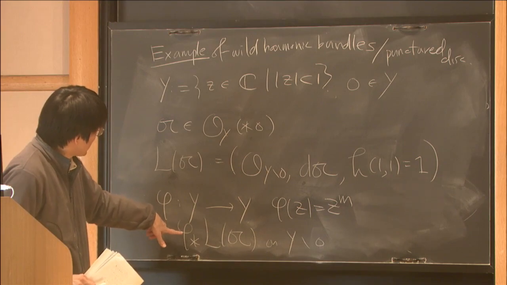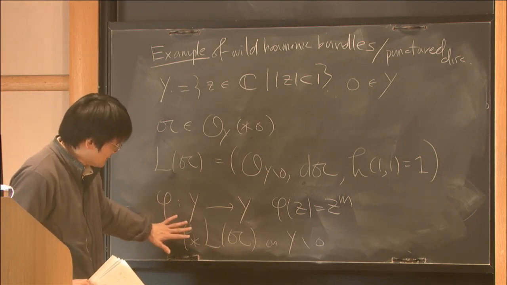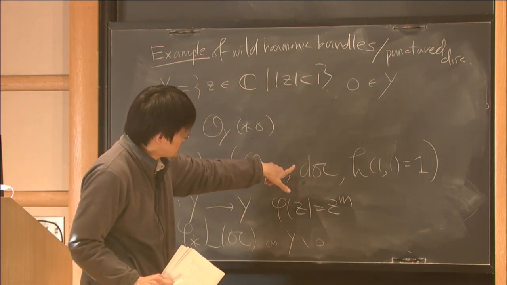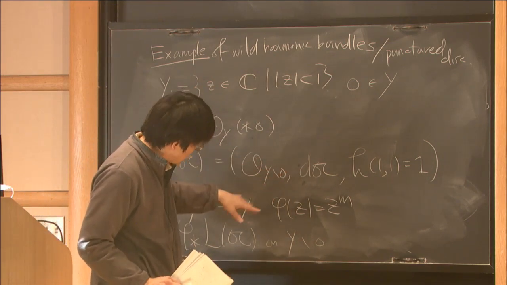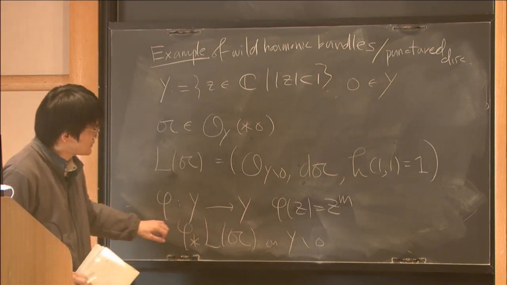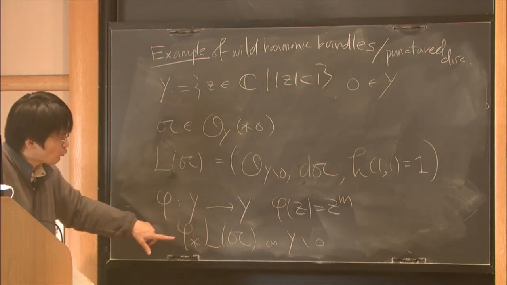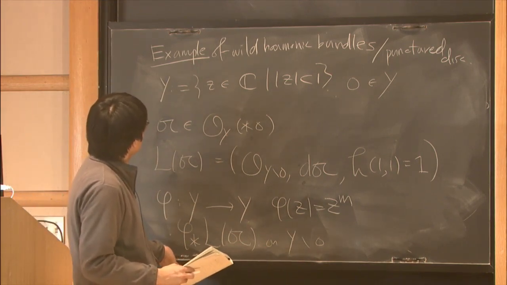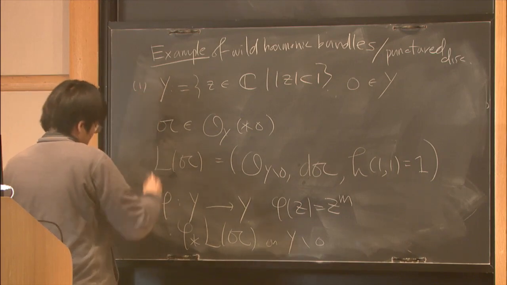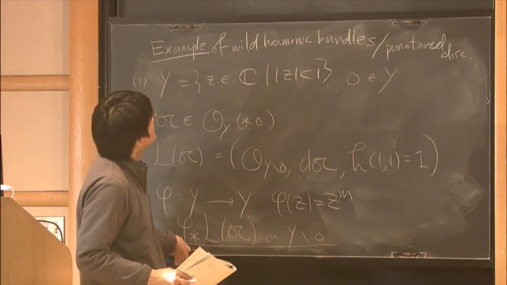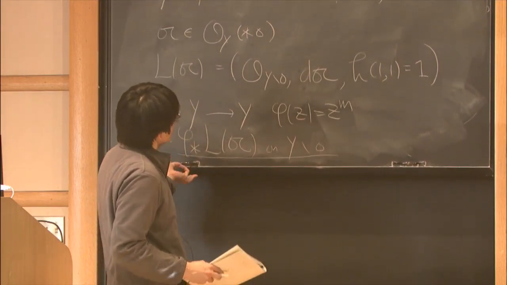So we have the push forward of the vector bundle in a very naive sense, and a naturally induced Higgs field and metric on the push forward. It gives a wild harmonic bundle on Y minus 0.